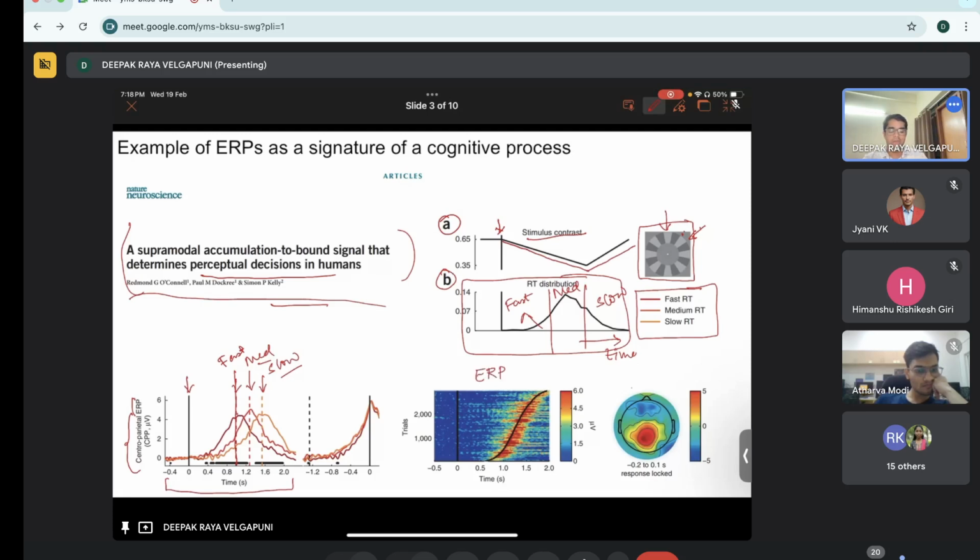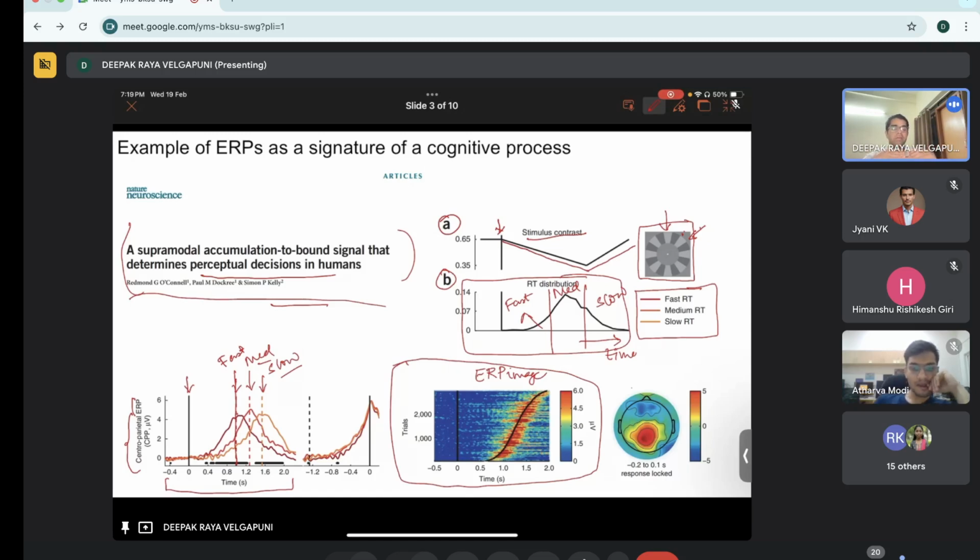Instead of averaging across trials, we want to see whether it is happening on every trial or not. So they plot an ERP image here, as shown in this graph. What they're doing is, based on the reaction times, each trial is sorted.